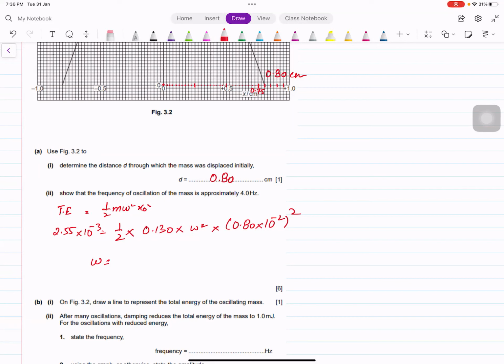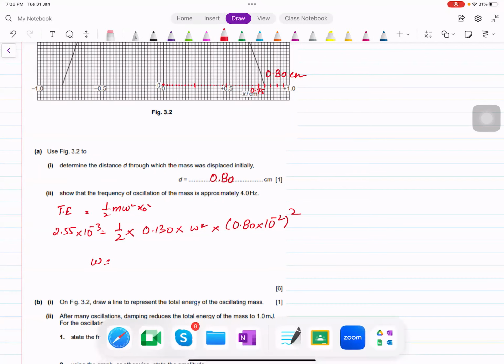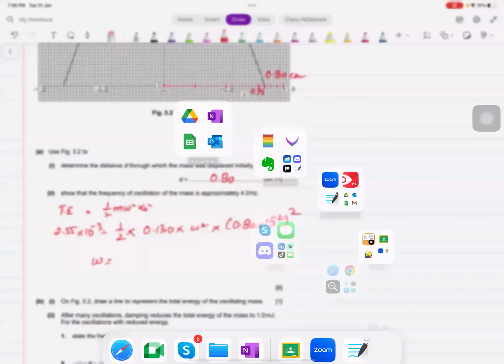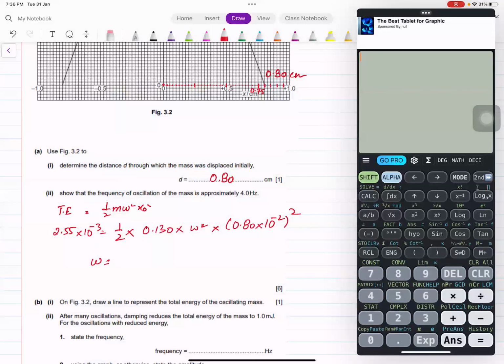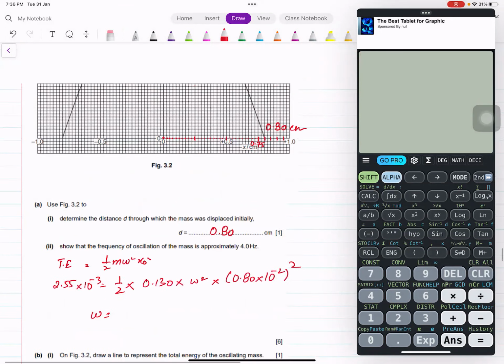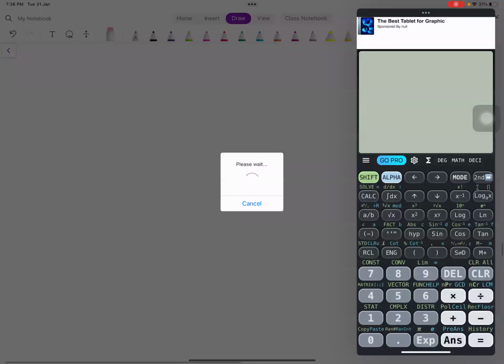So my answer is 39.6. Are you sure about that? Did you take the square root? So it's 24.7. No, 24.8 actually. Frequency of oscillation. Did you change it to 130?